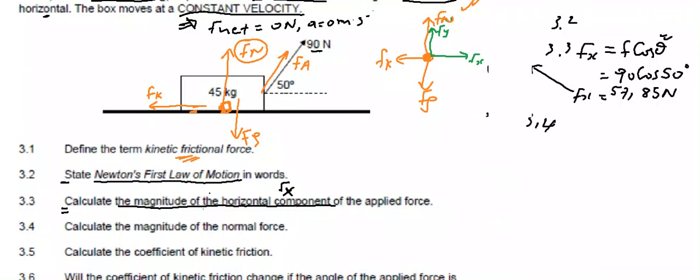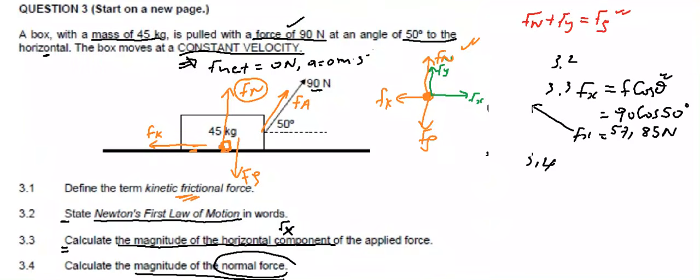Now let's look at the question. The question itself says calculate the magnitude of the what? Of the normal force. Remember I said upward forces equal the downward forces. That is the normal force. I have already written the formula that we have based on this free body diagram.